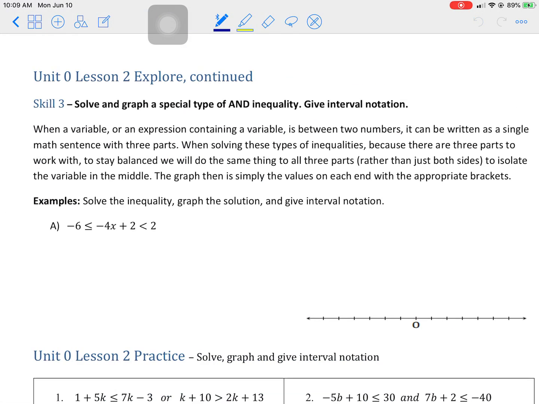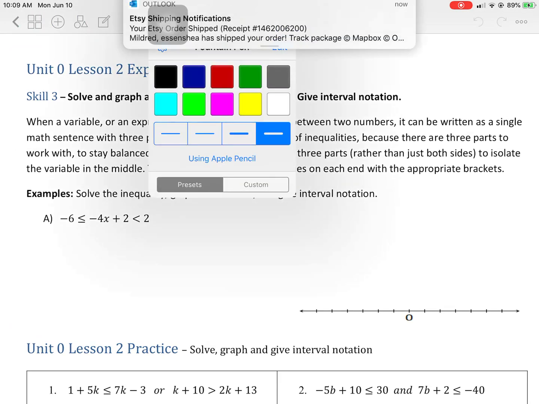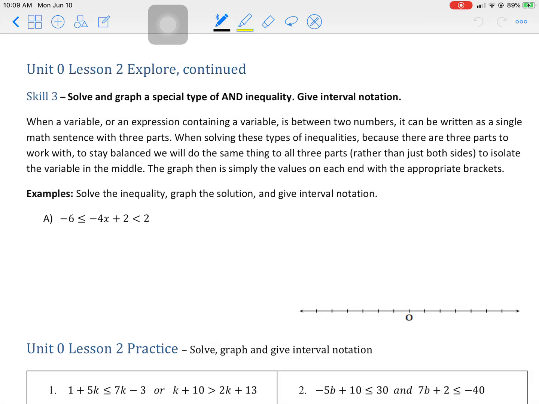All right, so last page here. And then there's a special type of and inequality. It looks like this. It has three parts. Notice that there are two inequality symbols.